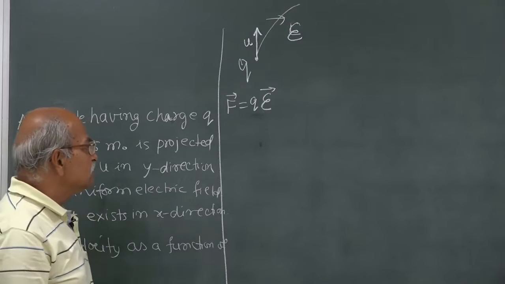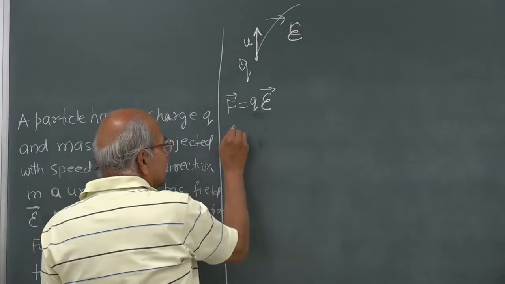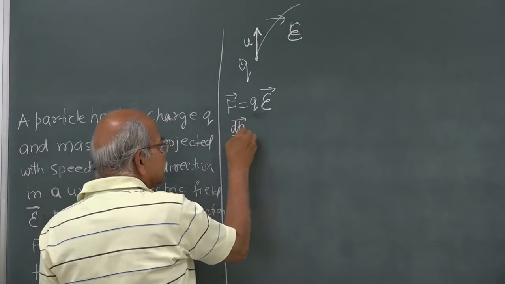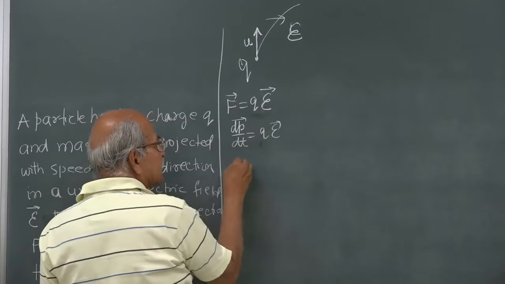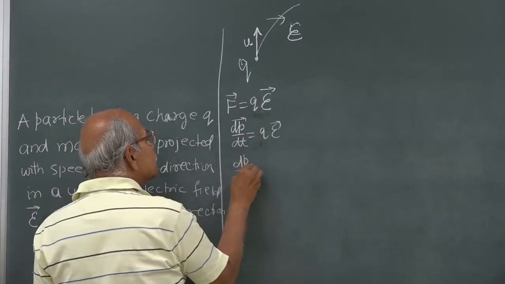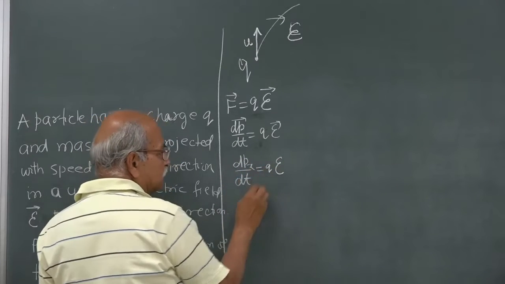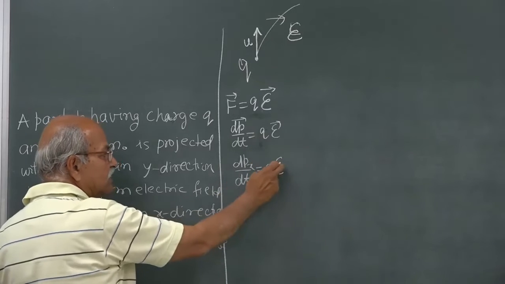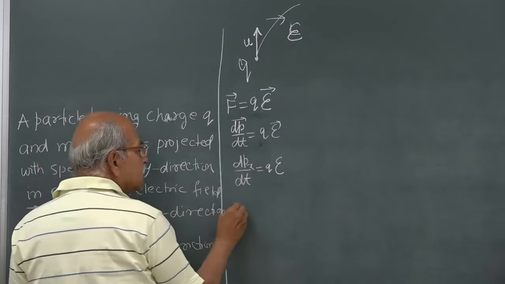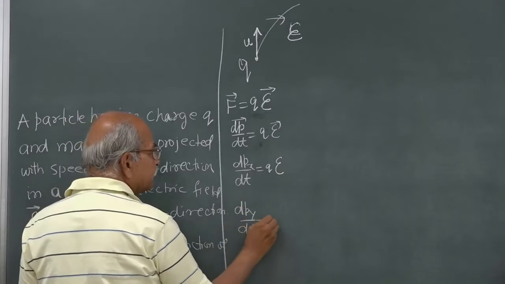So, how do I get velocity? We can write this F as dp/dt, this is qE, and therefore dpx/dt is q times E, because the field is in x direction. This is the magnitude of the field, whereas dpy/dt is 0.